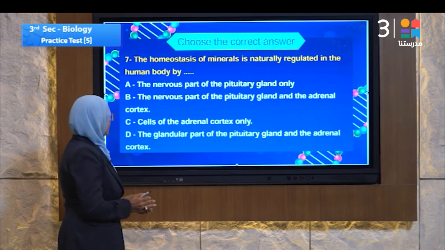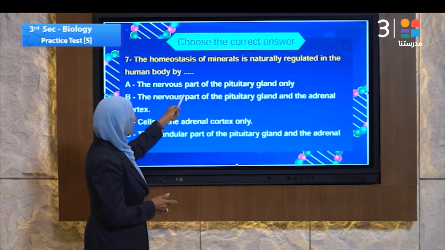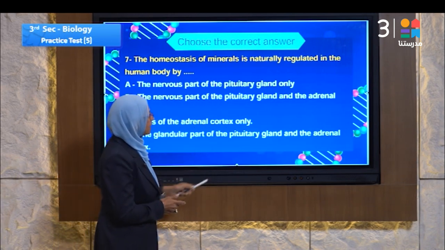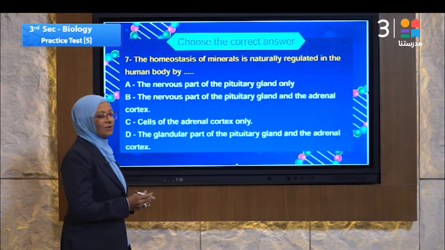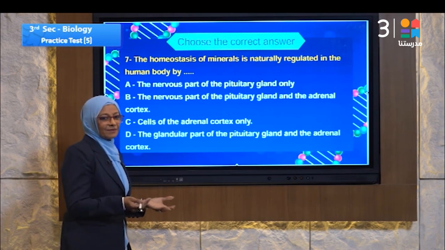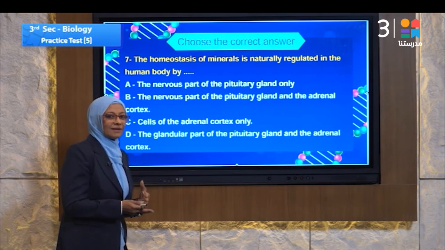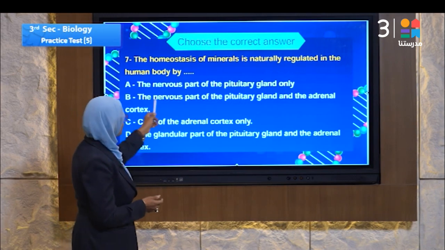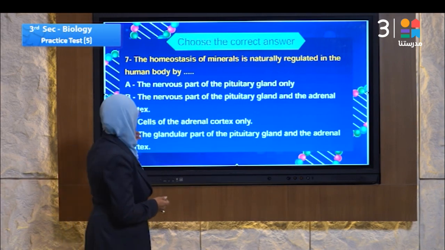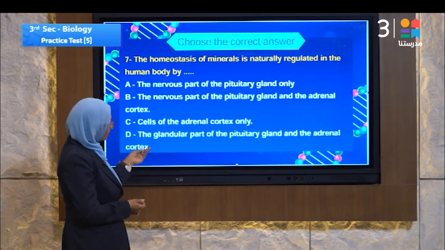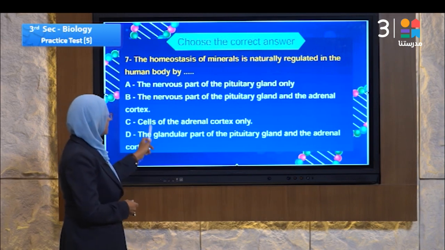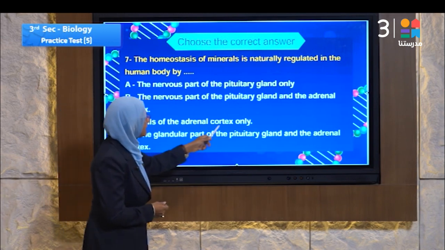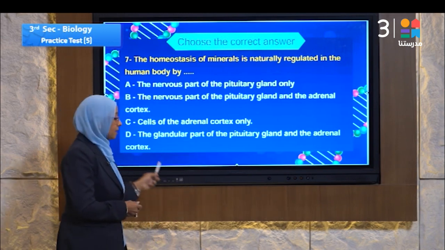E, the nervous part of the pituitary gland only. I don't like "only" in the answer, but it may be the right answer. The nervous part of the pituitary gland and the adrenal cortex, maybe. C, cells of the adrenal cortex only.